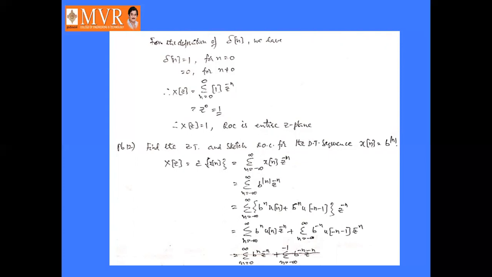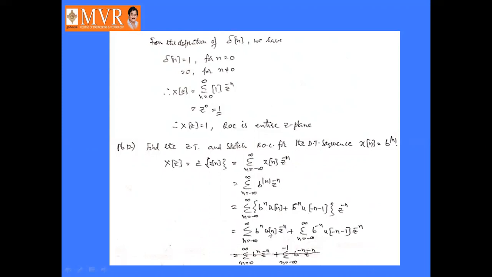So it will become sigma n equal to minus infinity to infinity b power n into u of n into z power minus n, plus sigma n equal to minus infinity to infinity b power minus n into u of minus n minus 1 into z power minus n.